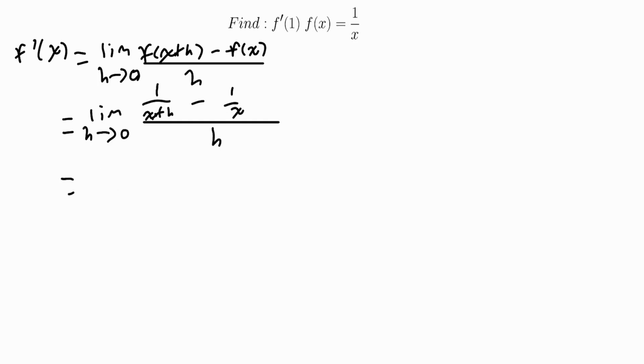And on our numerator, we have two fractions that would probably be best if we subtracted them. So here we have to get a common denominator. Our common denominator is just going to be the product of the two denominators. So it's going to be x times x plus h.